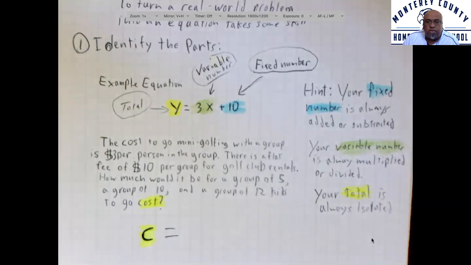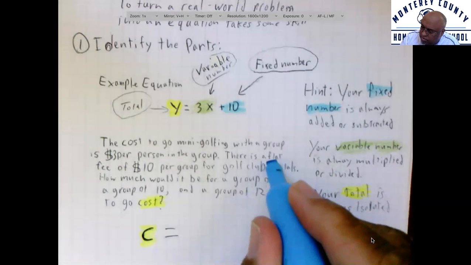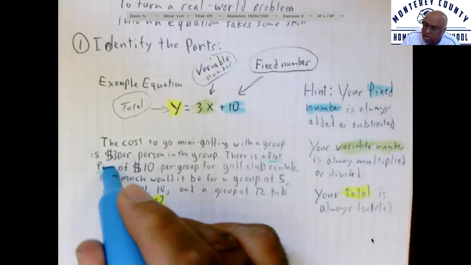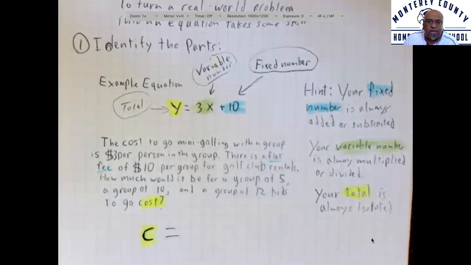Now, let's take a look if we can find the fixed number. Fixed number is always added or subtracted to the total, okay? So the fixed number, the cost to go mini golfing with a group of $3 per person, and a flat fee of $10 per group. These words, flat fee, implies that this is just a fixed value. It's not going to change.